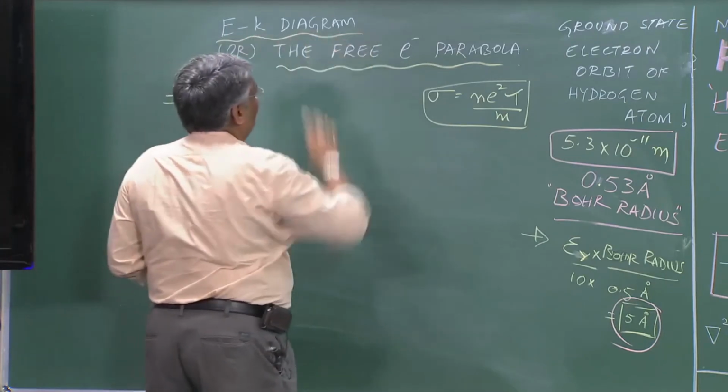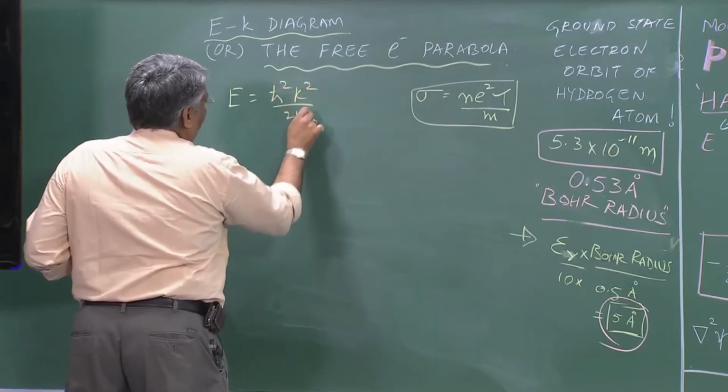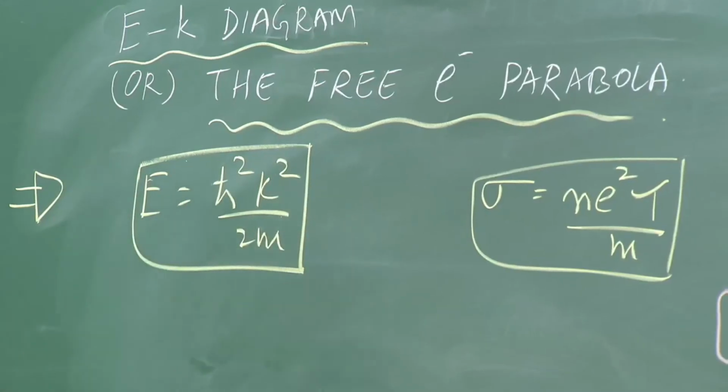Now, what is the implication of this particular E-k diagram? E = ħ²k²/2m.